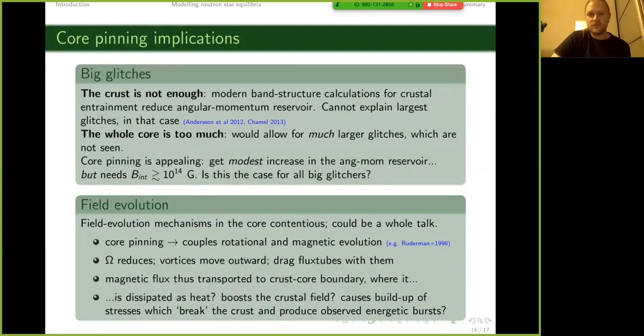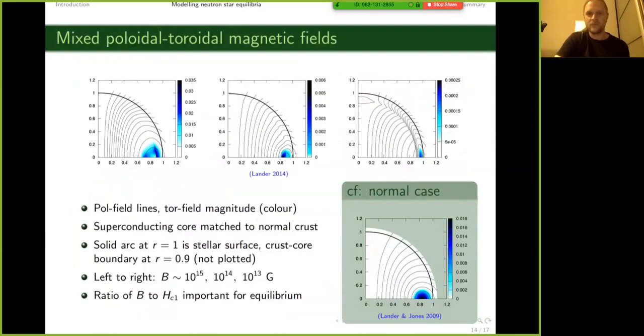But if you believe the equilibrium results, that requires that the internal magnetic field is greater than about 10 to the 14 Gauss, because if you recall what's happening here, once you get below about 10 to the 13 Gauss, there is no core pinning region. Again, assuming that there's no pinning when you have a purely poloidal field, which is the case in the core here.